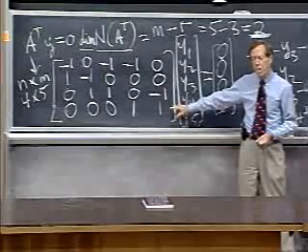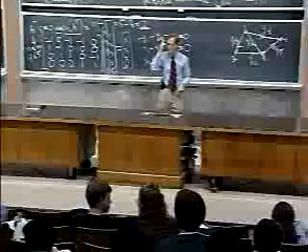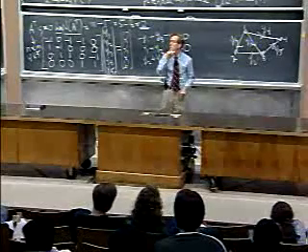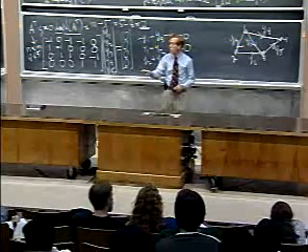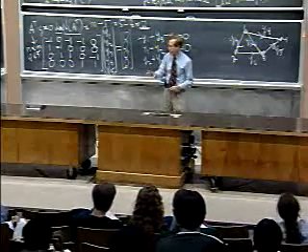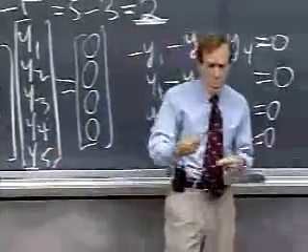The last row of R will be all zeros, right? Why? Because the rank is 3. We're only going to have 3 pivots, and the fourth row will be all zeros when we eliminate.